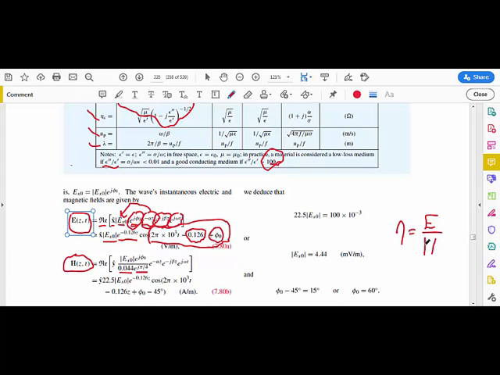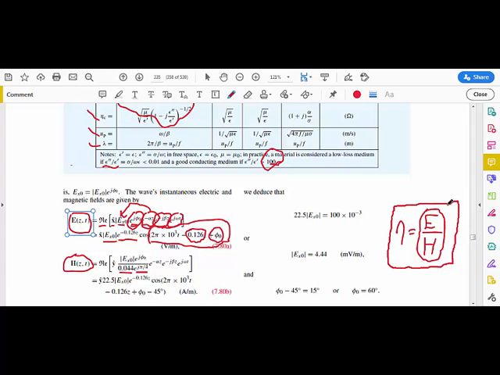This relation could be real if there is no delay between the oscillation of the electric field and the magnetic field, and this happens just in free space, or in very low loss media.